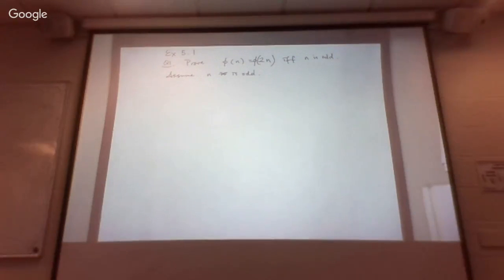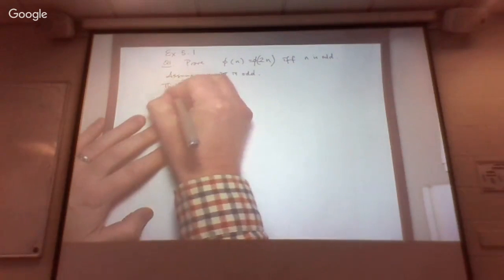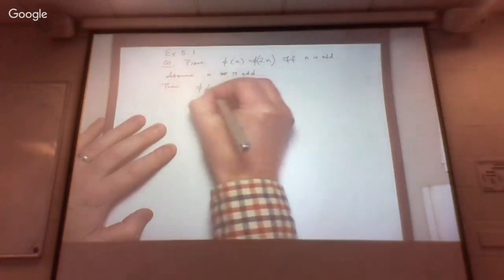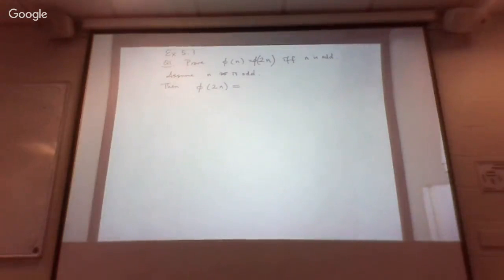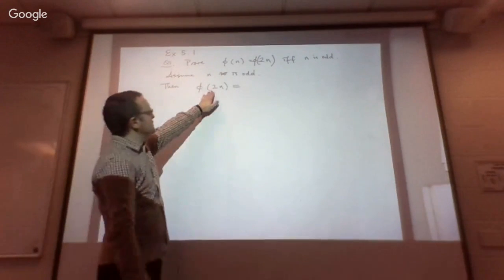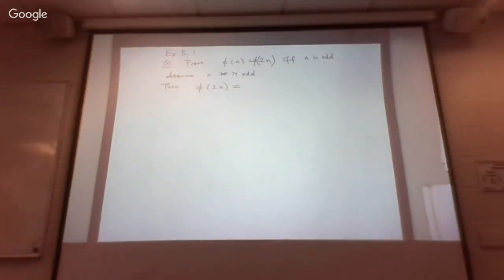So if n is an odd number, then that allows us to approach the value of phi at 2 times n in a sensible way. Okay? Because if n is odd, then 2 times n, here we're expressing the argument to phi as a product, 2 times something else, and when n is odd, the 2 and n are co-prime.